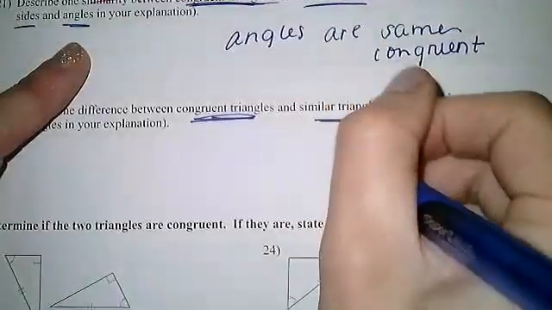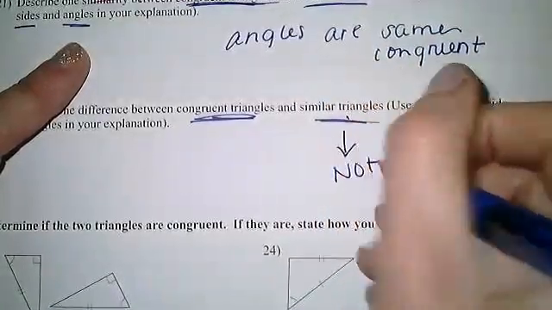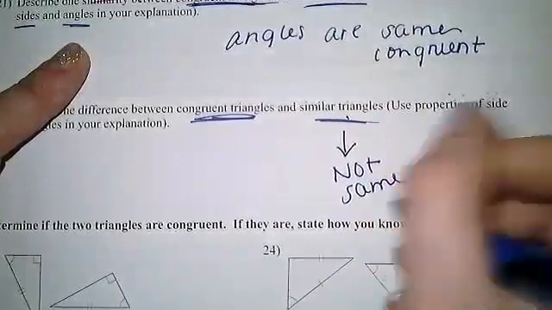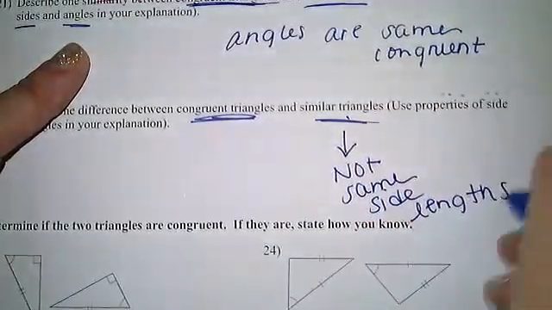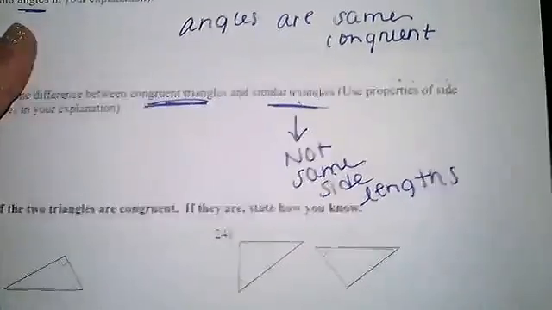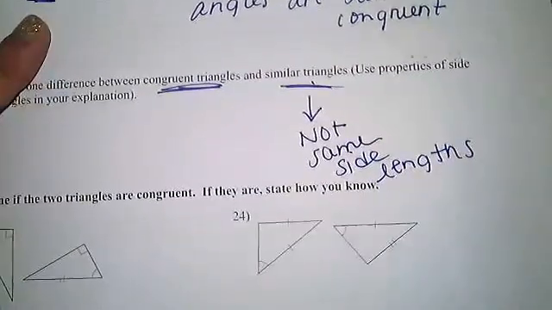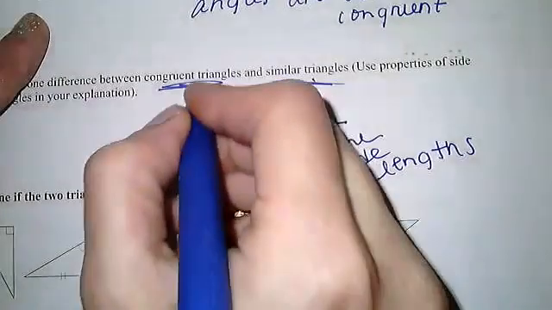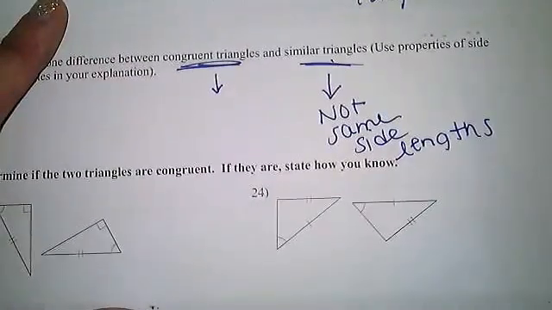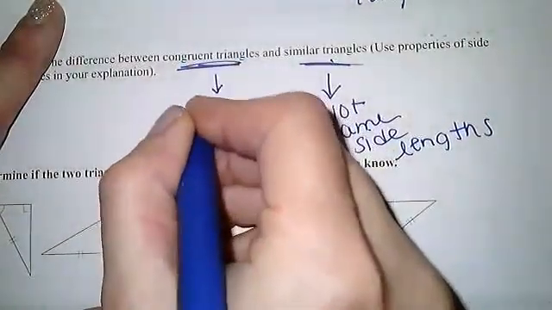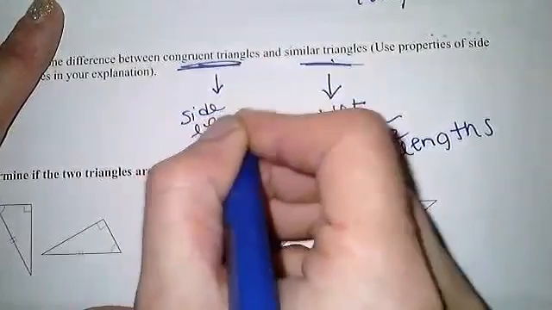So this would be not the same side lengths. The sides are proportional, but they're not the same. You could write they're proportional. I'm not going to expect all that of you guys because I probably wouldn't remember that. But if they're congruent, they're exactly the same. So that means their side lengths are the same.